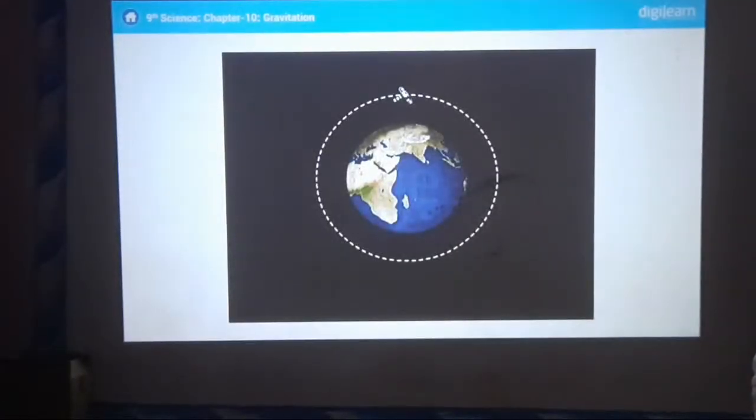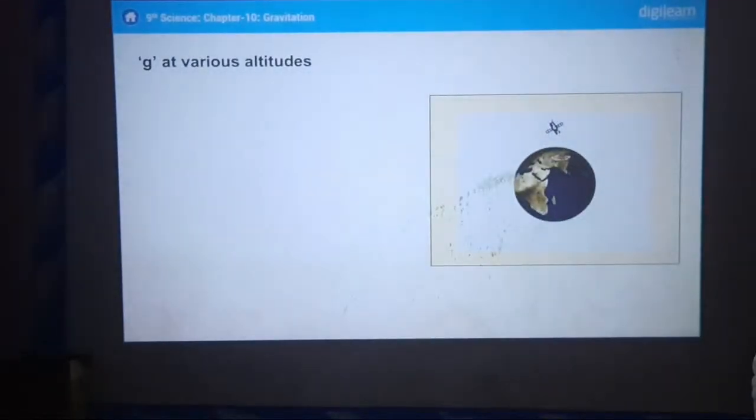If the body is at a height of small h above the earth's surface, then acceleration due to gravity at that point is given by small g dash is equal to capital G into capital Me divided by capital Re plus small h whole square. With altitude, acceleration due to gravity decreases. g at various altitudes. Variation of g with depth.